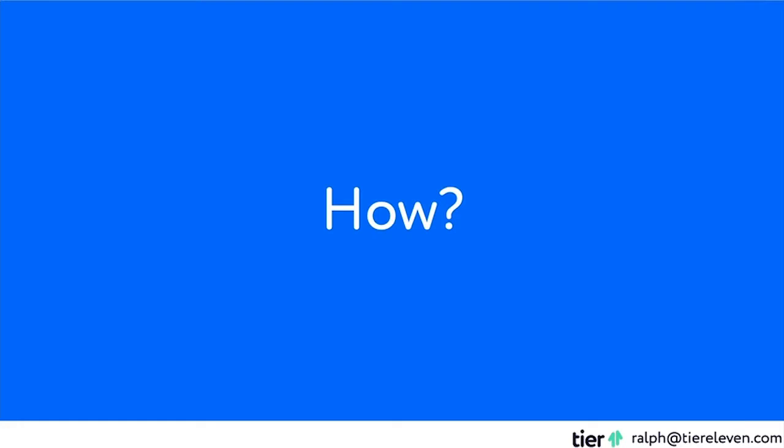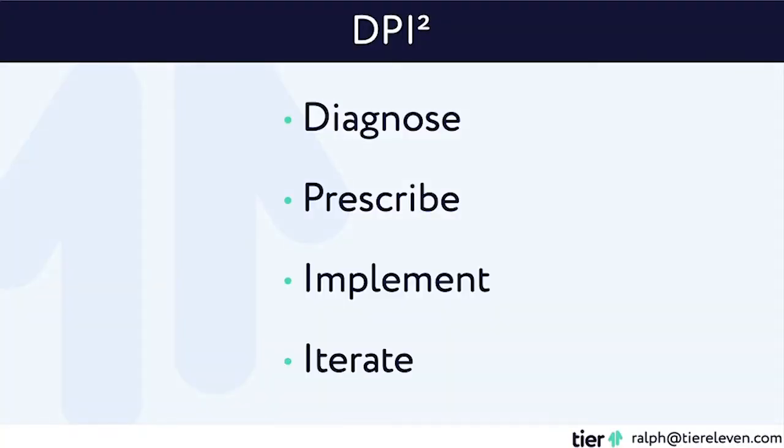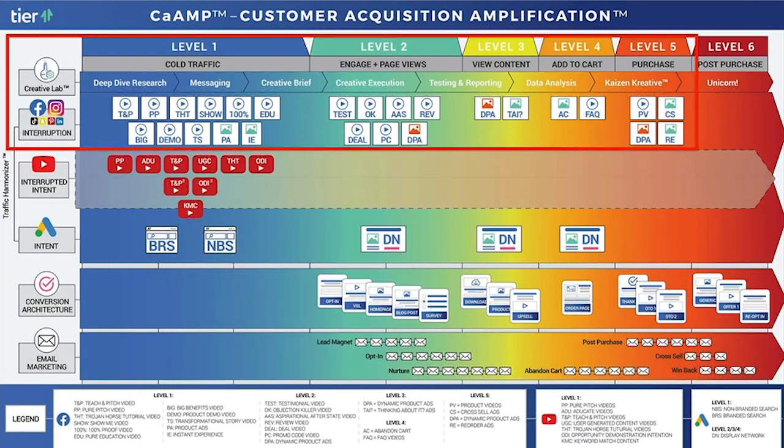So how do we do it? Well, like I said before in my explanation of customer acquisition amplification, we did this. We diagnosed what the issues were, we prescribed a solution, we implemented that solution, and then we iterated on that solution. So with these guys, let's go back to our chart. What we first did is we really focused on the top level of CaAMP here.